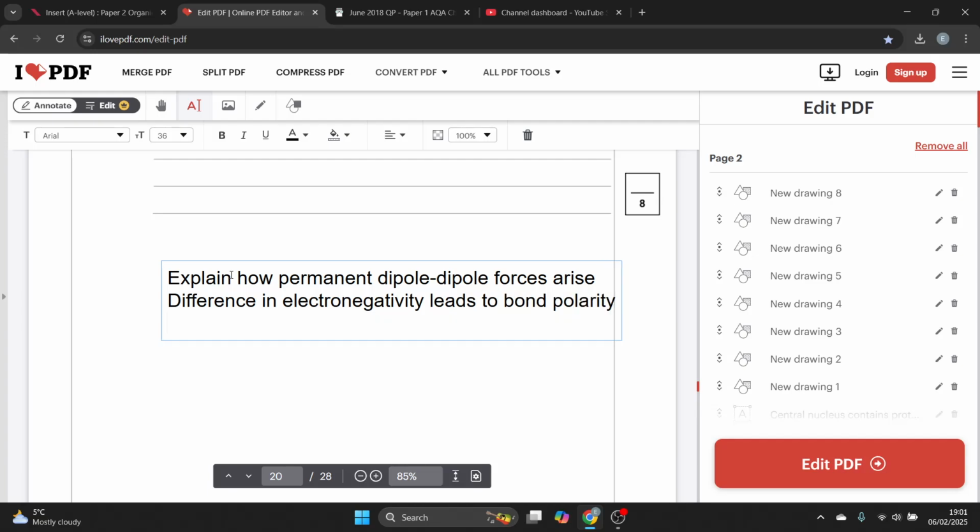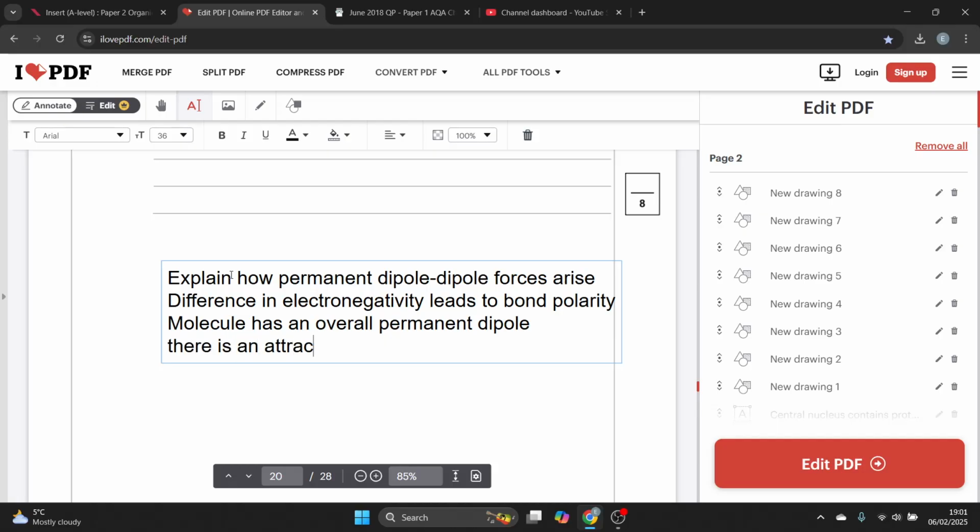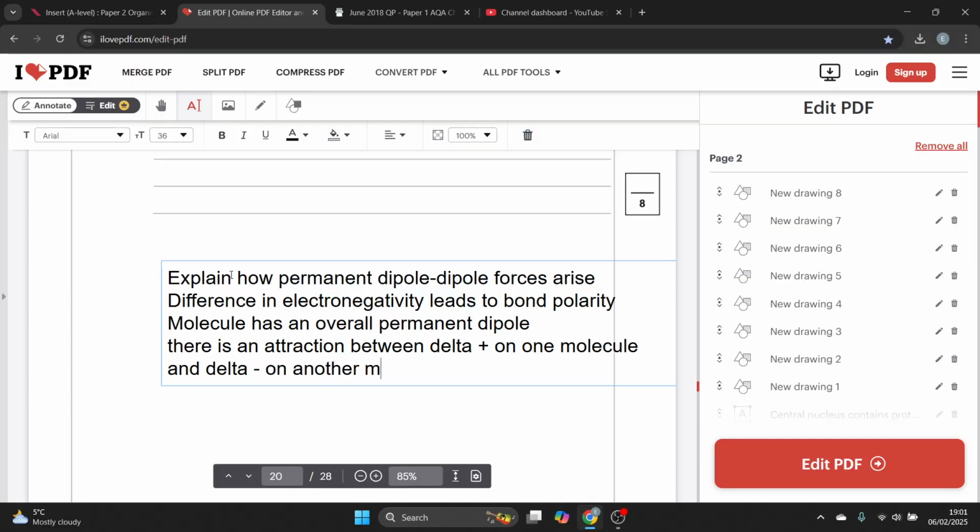The molecule has an overall permanent dipole, and there is an attraction between delta positive on one molecule and delta negative on another molecule.